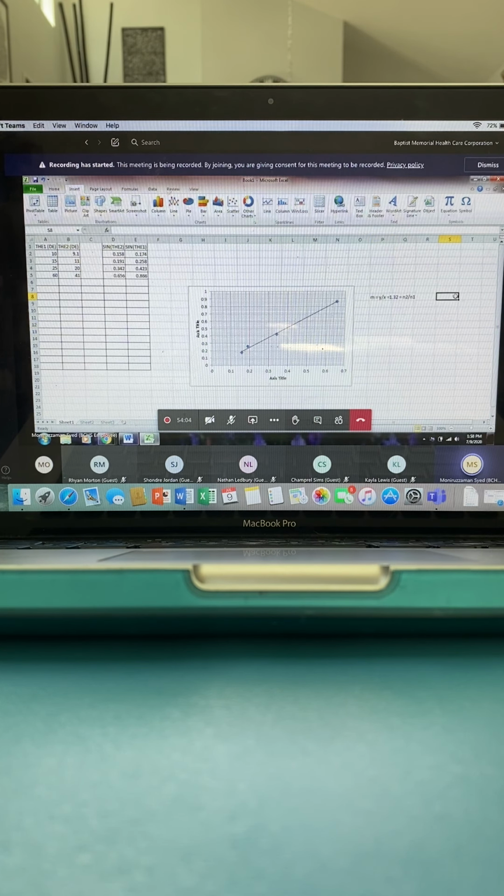So N1 is the index of refraction for the air, not water, air. Index of refraction for air, we all know, is 1. So if you plug in 1, then it should be exactly equal to N2, right? So N2 should be 1.32, all right? That is the value.